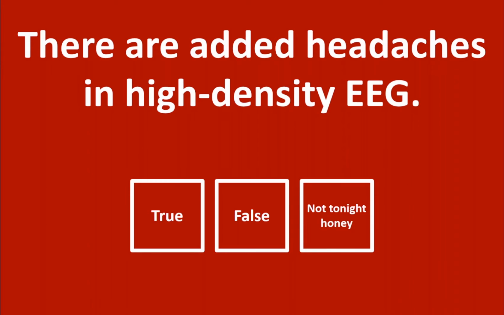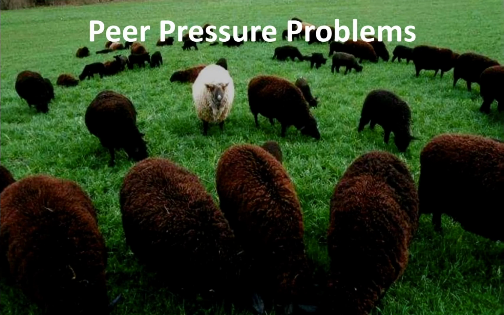And the main goal of today's webinar for me is to try and take away maybe some of the mental obstacles for looking at high density EEG in a much more data-driven way and, I would argue, a much more interpretable manner. But bear in mind that there are probably some peer pressure problems that add to your headaches.